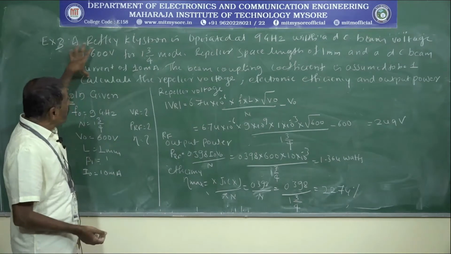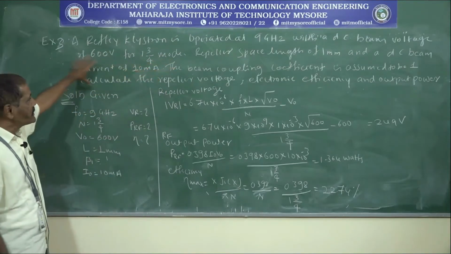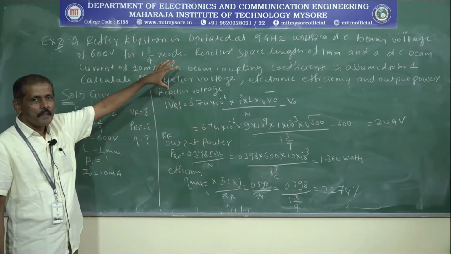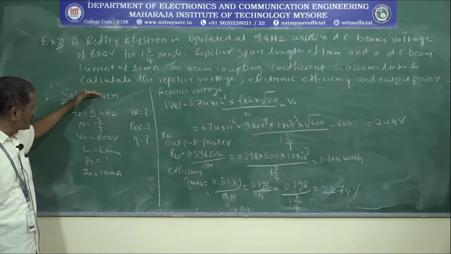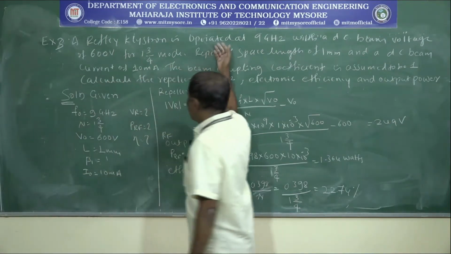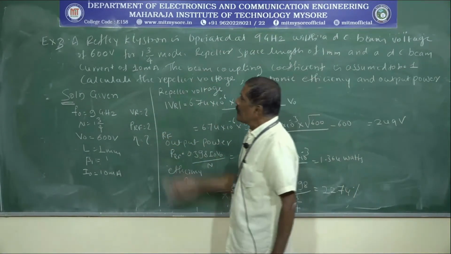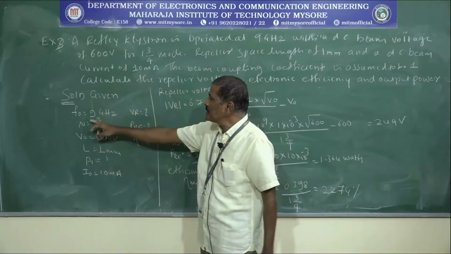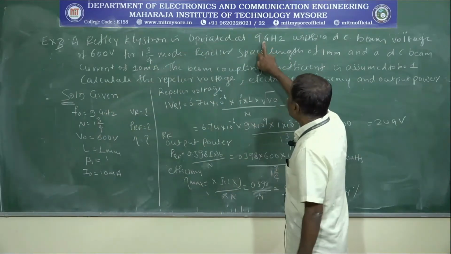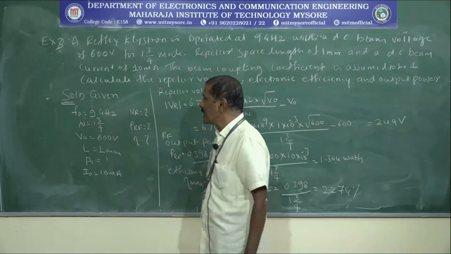Whenever you want to solve any particular problem, read the problem carefully and see what data are given. Write down the given data, and then write down the parameters you are supposed to calculate. For the given problem, the operating frequency is 9 gigahertz, F0 is equal to F is equal to 9 gigahertz.